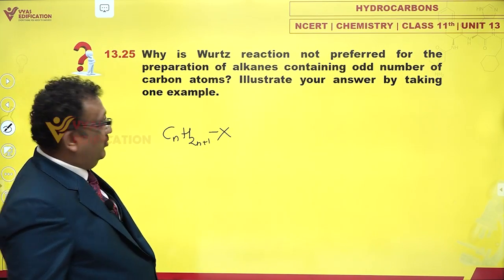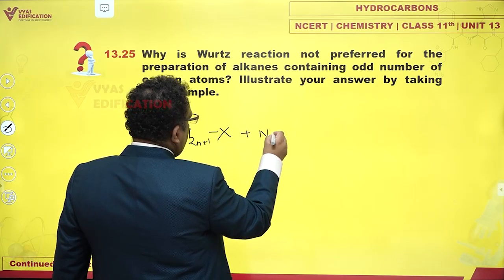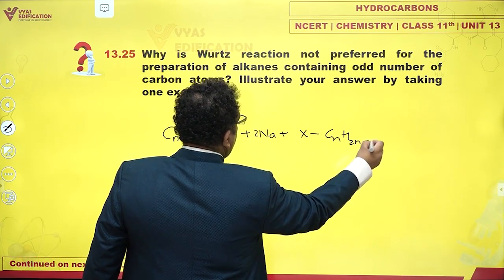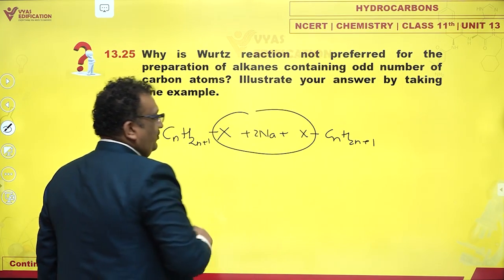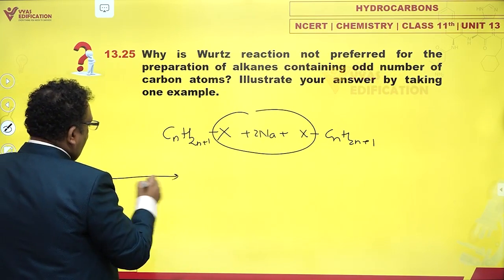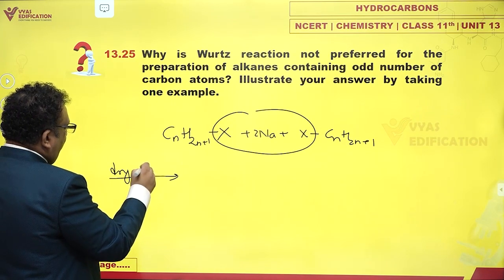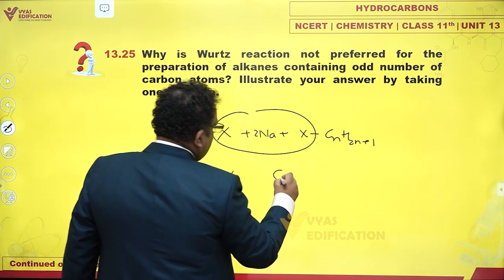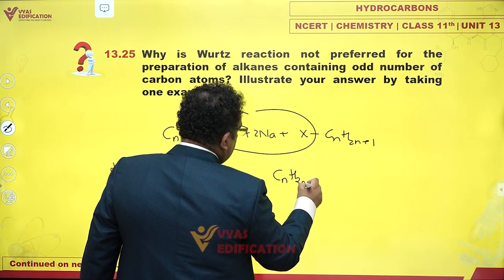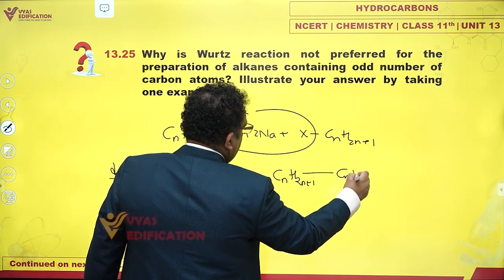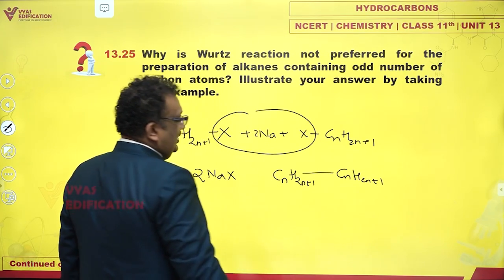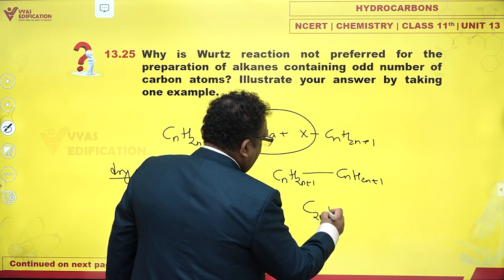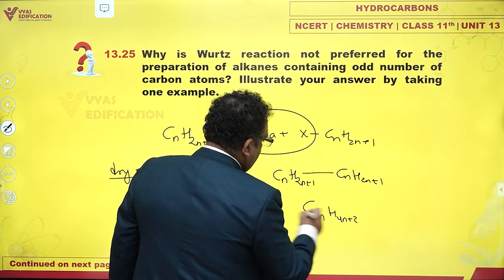The moment you carry out Wurtz reaction, that means you are adding sodium. This reacts away. You have dry ether as the solvent. Very good. You have sodium halide. Excellent. And you have CnH2n+1 bonded to CnH2n+1. So essentially, you have C2n H4n+2.